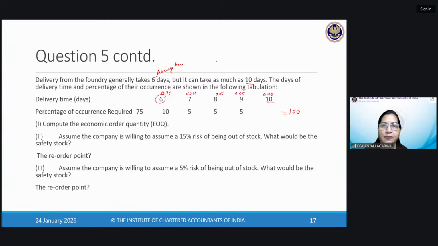So here, 6 days into 150 makes it 900. Safety stock is what we have to decide, plus average consumption into average time comes out to be 900.